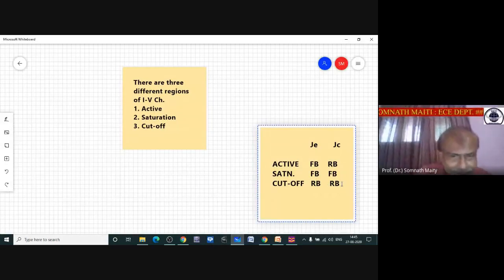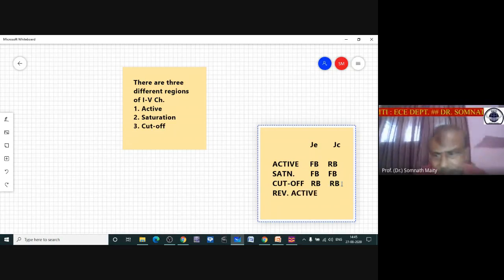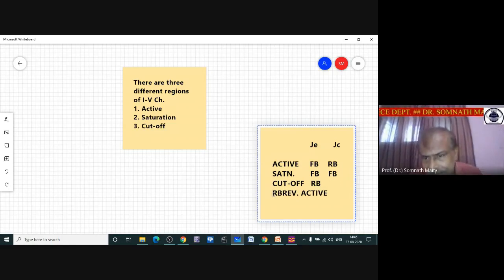And there is another option. This is called reverse active. In case of reverse active, this is a special case.